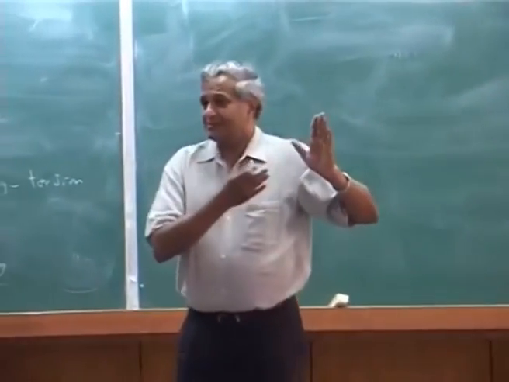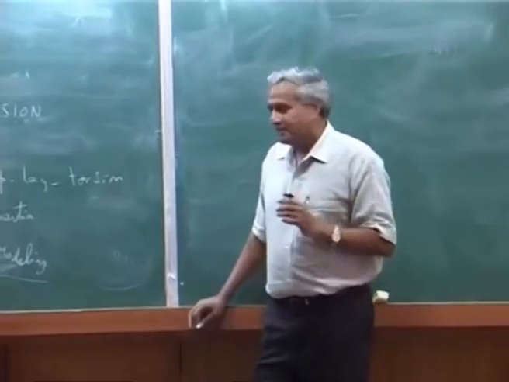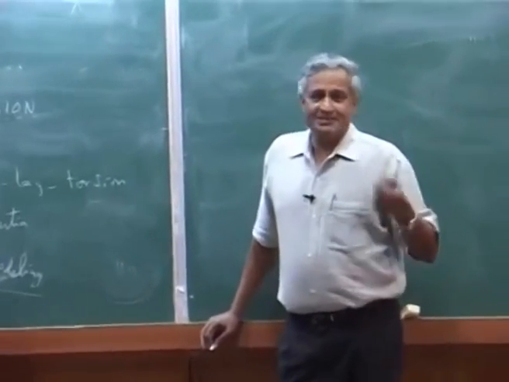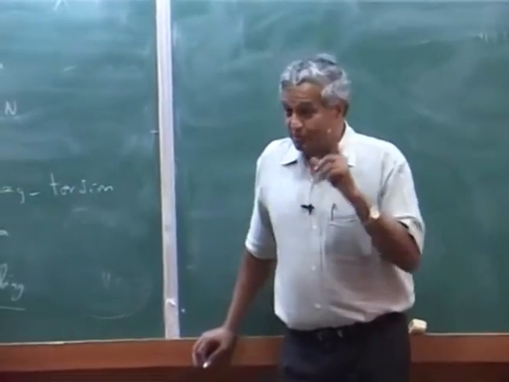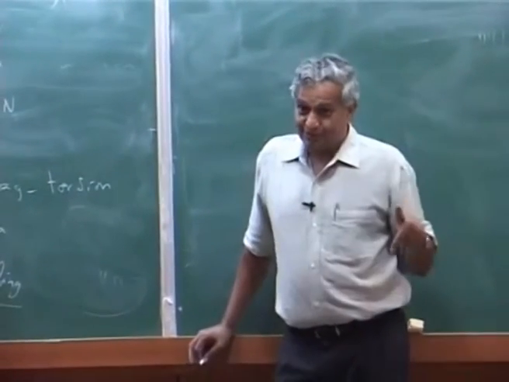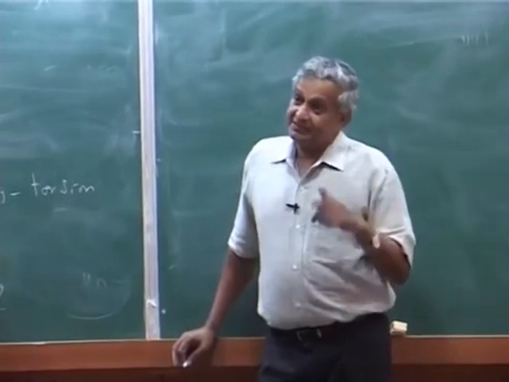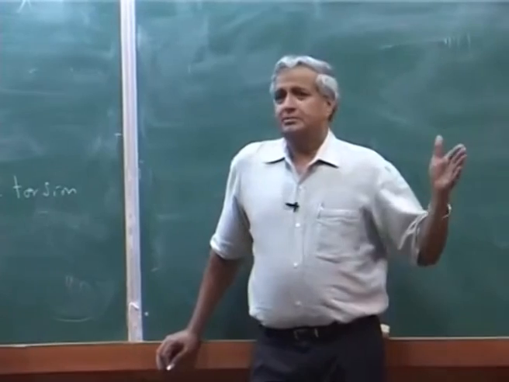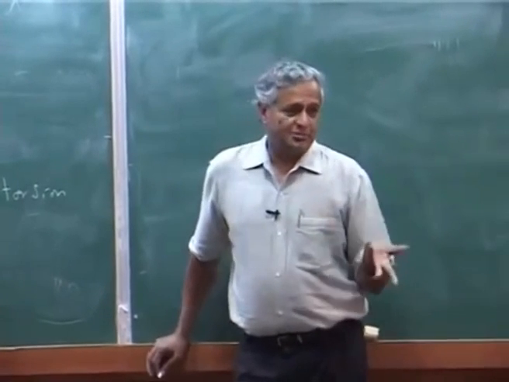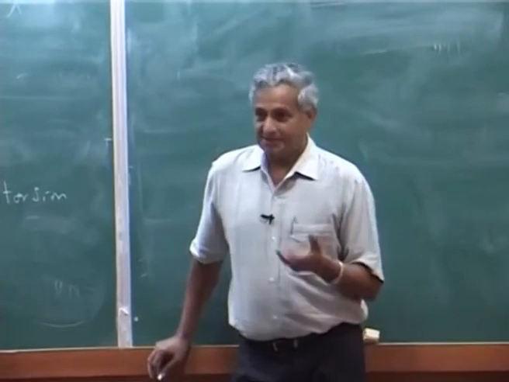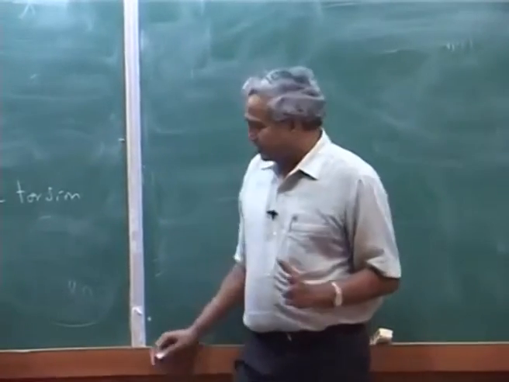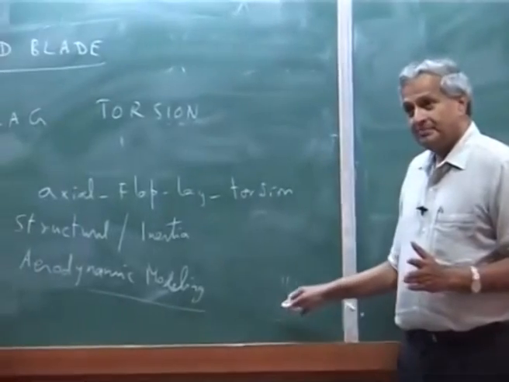People have spent time on modeling that. Another one is unsteady aerodynamic model for getting lift, drag, moment, etc. Please note, one is getting only the inflow. Another one is getting lift, drag, moment on the section. If you want to include stall models, you develop stall models in 2D and then use them in 3D. So one can get into this also.